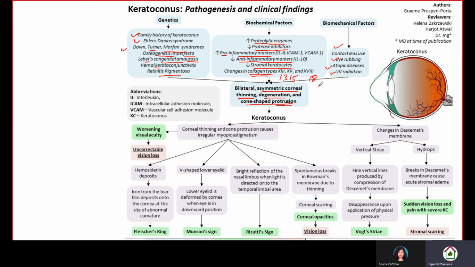So you can understand one thing, that corneal thinning occurs, and due to that there will be protrusion, to be specific, a very localized protrusion. Now in keratoconus, what happens? Corneal thinning and cone protrusion, irregular myopic astigmatism.